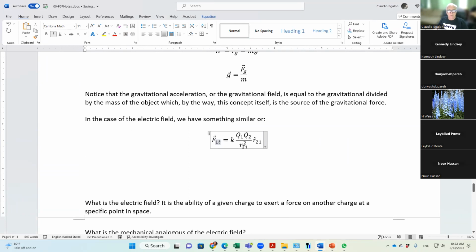Force of 1 applied to the charge T is gonna be charge 1, charge T for test, divided by r1T squared, and that should be r1T hat, like that, where T refers to the test charge, QT.